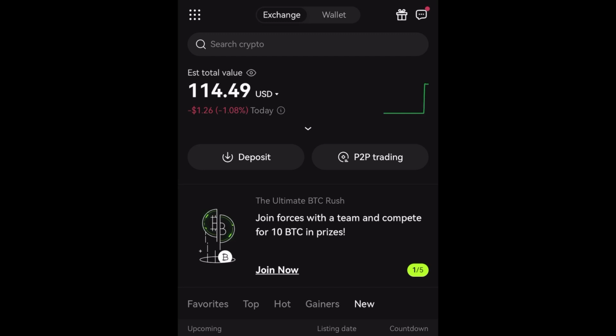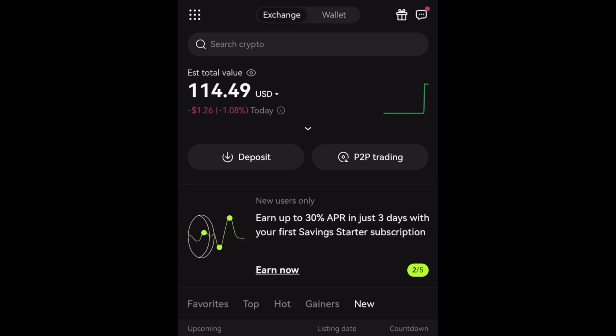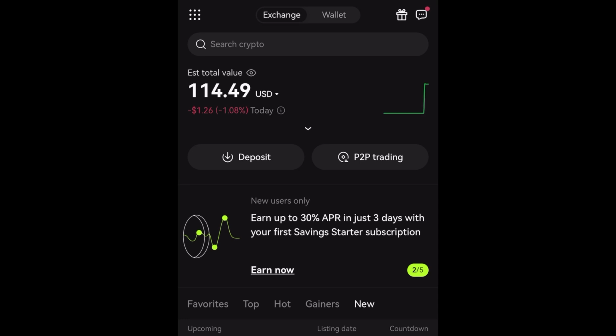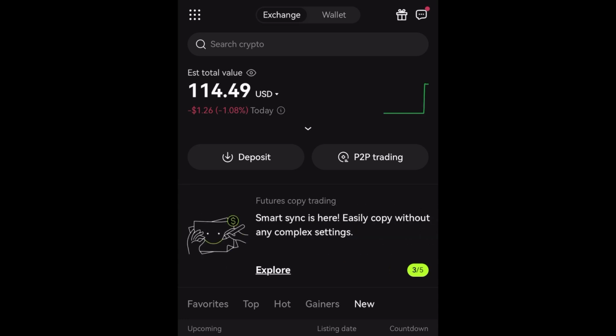So let's get right into the content of today. This video will be talking about how to do futures trading on OKX exchange, and this is the OKX exchange interface. Once you log in on your mobile device, you have this page to yourself on OKX.